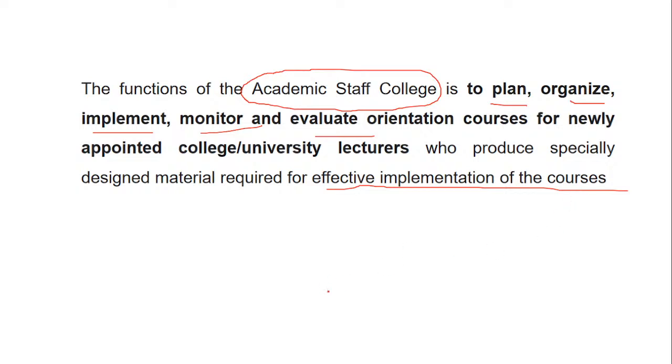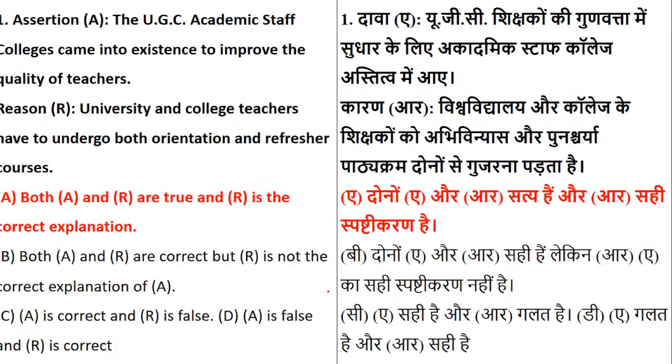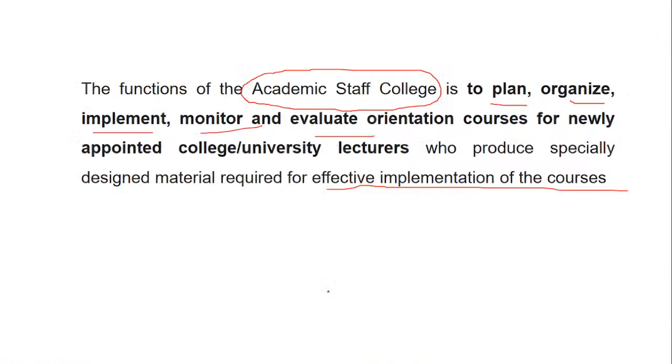Now this is very, very important. You understood the question, everyone gave the answer very correctly. But what can be a different way for this question? They can ask you about the academic staff college role. So what is the academic staff college role? It is planning, organizing, implementing, monitoring or assessing, and evaluating the courses. For whom?